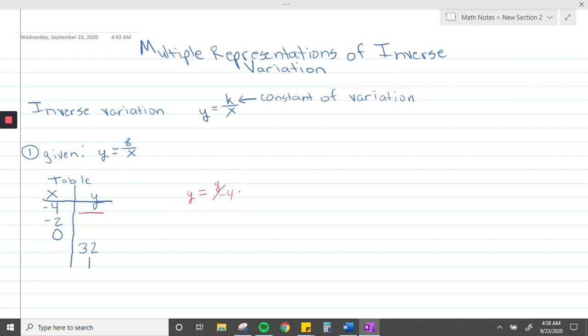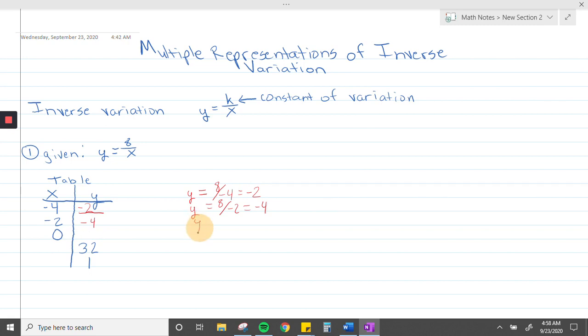So 8 divided by negative 4 is negative 2. So we know negative 2 goes here. And we'll go down the lines with the other ones. We're given x is negative 2, so we'll say 8 divided by negative 2. 8 divided by negative 2 is negative 4, so we know that negative 4 goes here.